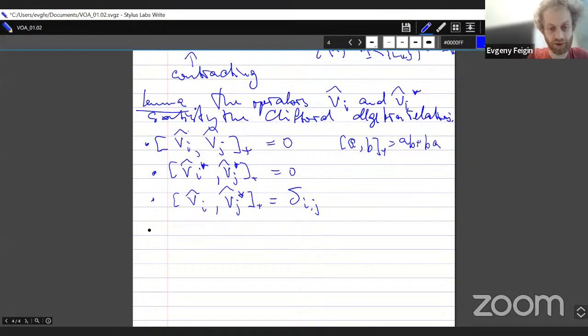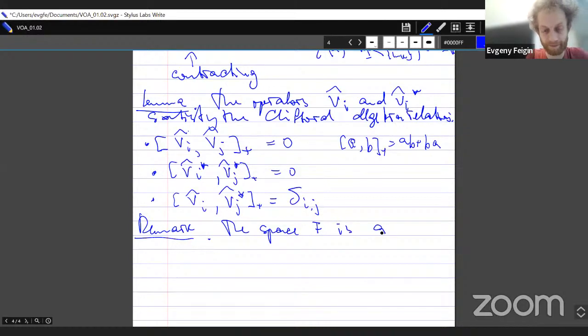Let me add a remark. The space F is the spin representation for the Clifford algebra.